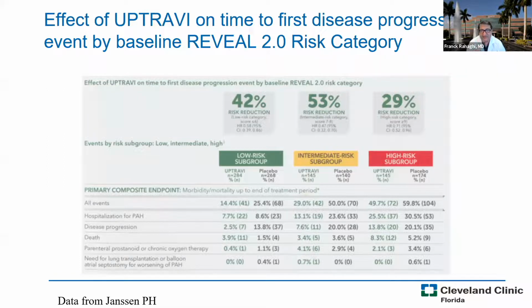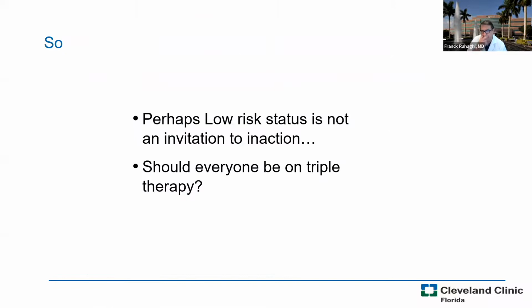And so why not then treat low-risk people by adding Uptravi? So what does that mean? That means essentially that low-risk status is not even good enough.